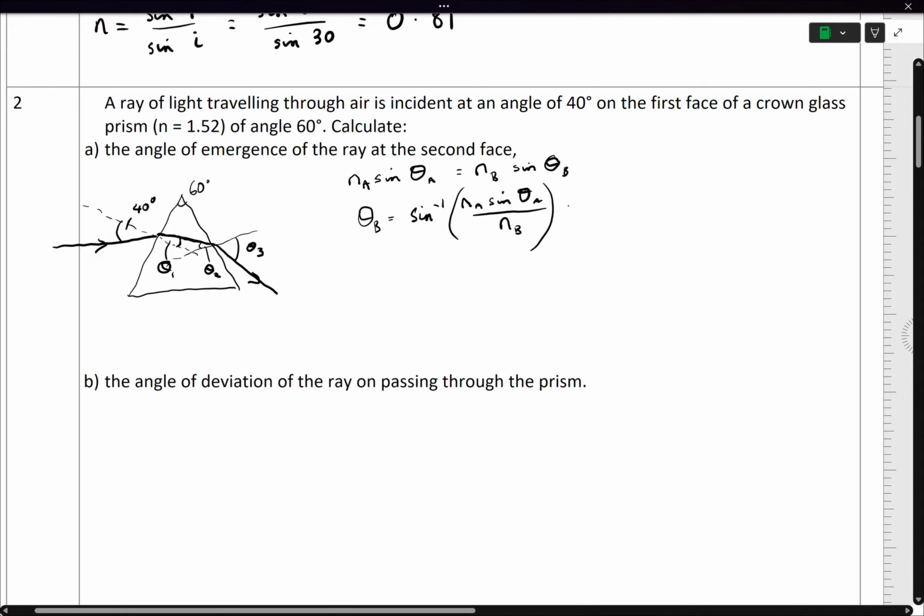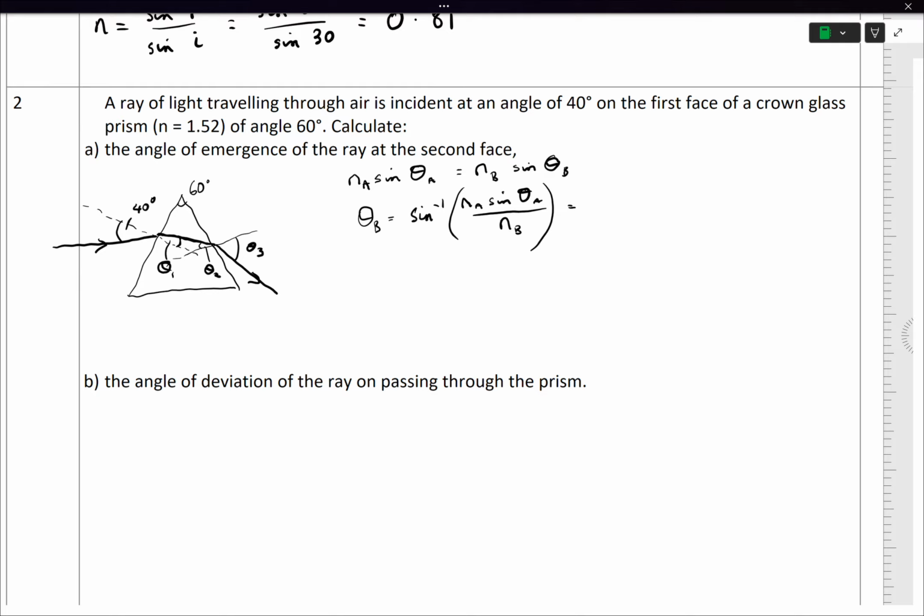That is the refractive index of air, which is 1, times sine of the angle of incidence, sine 40, over the refractive index of the glass, 1.52. That tells us the size of theta B, which in my diagram is labelled theta 1. So that gives us 25 degrees. Let's rub out where we've labelled theta 1 and write 25 degrees.